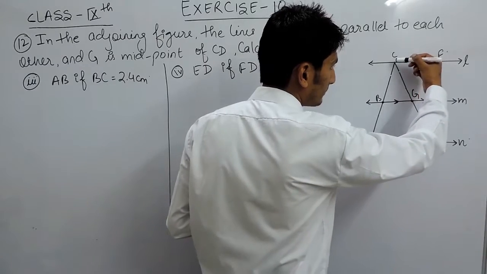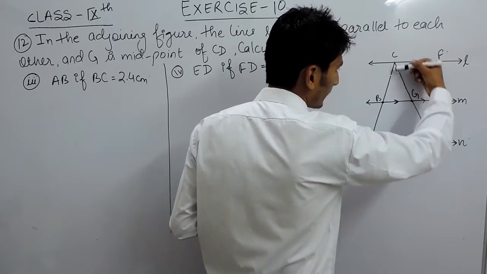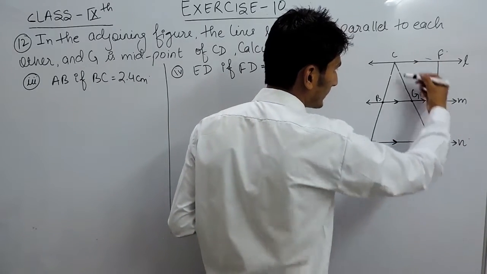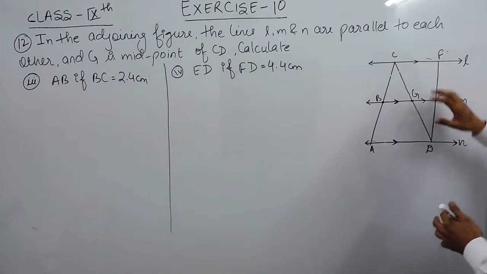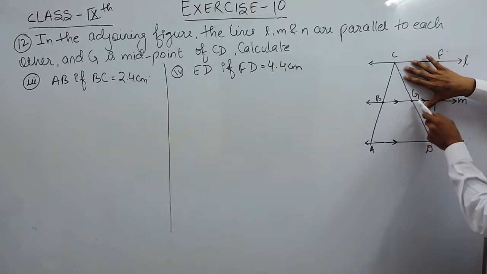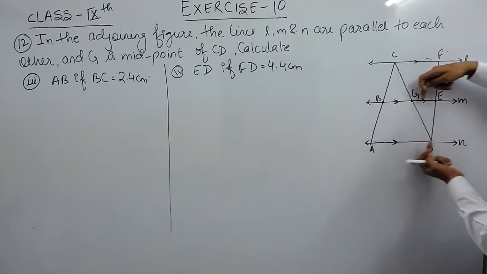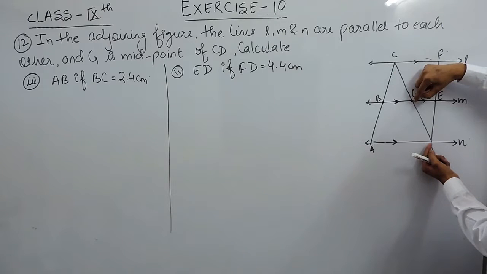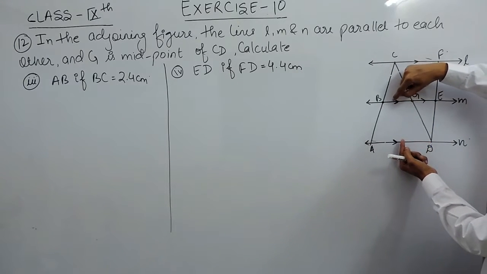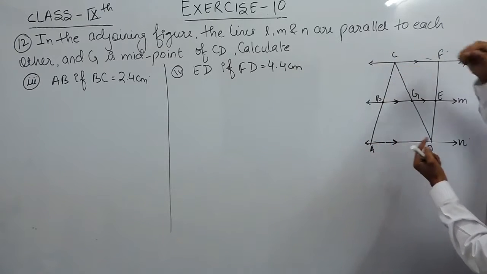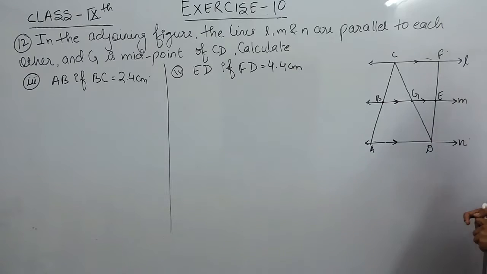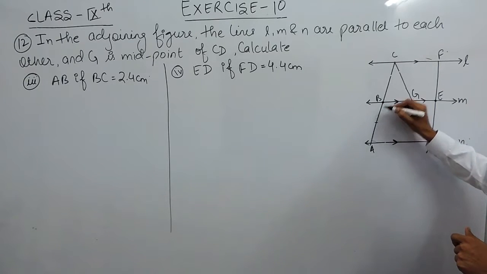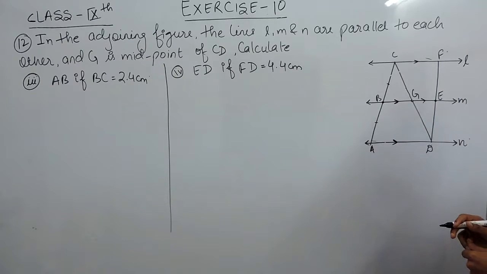Okay, now again you have to use the midpoint theorem. G is given the midpoint of CD, and in triangle ADC, if this is the midpoint and these two lines are parallel, so clearly according to midpoint theorem, if I draw a parallel line from the midpoint, it should meet the midpoint of the third side. So B should be the midpoint, means AB and BC must be equal.